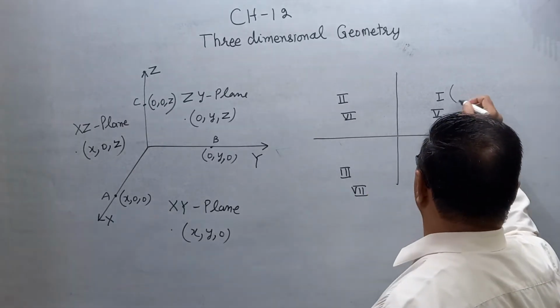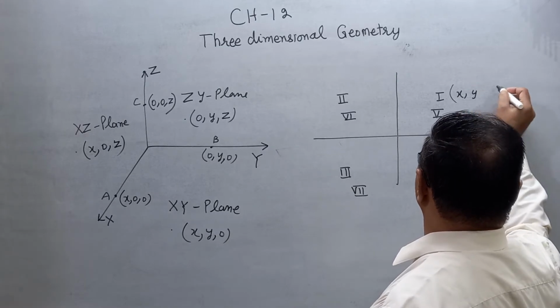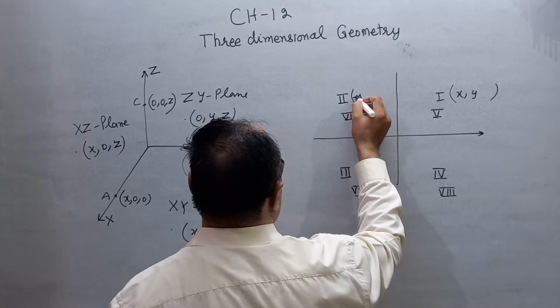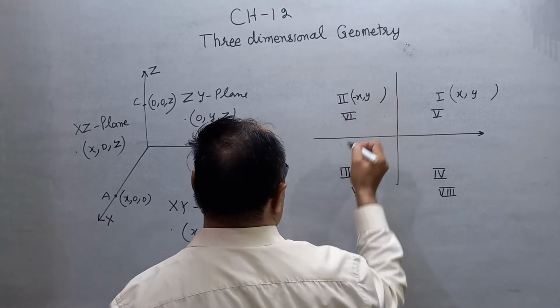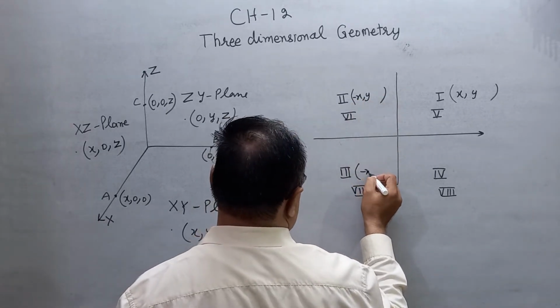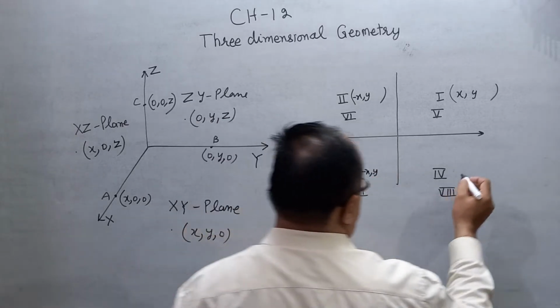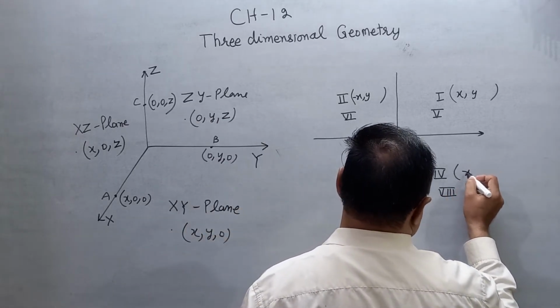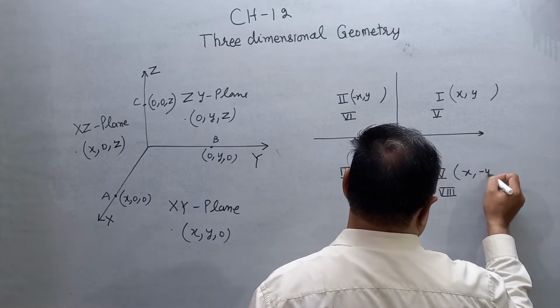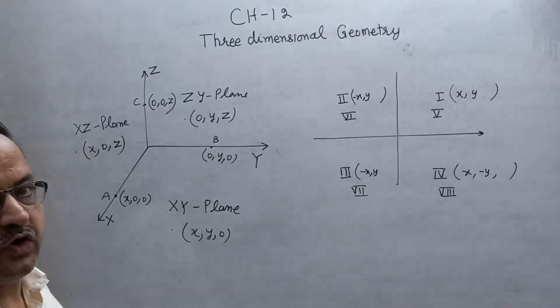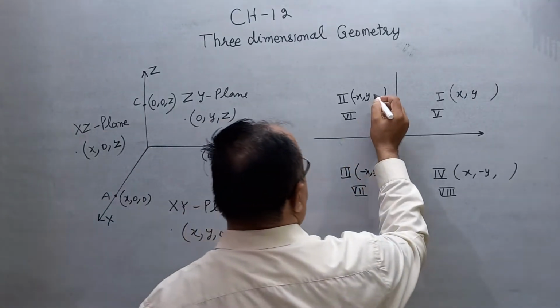You know that here x, y positive, here x negative, y positive, here x negative, y negative, here x positive, y negative. In the first four octants, z is positive. Clear?